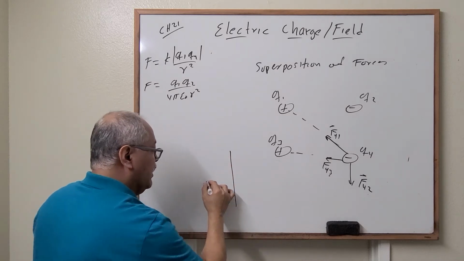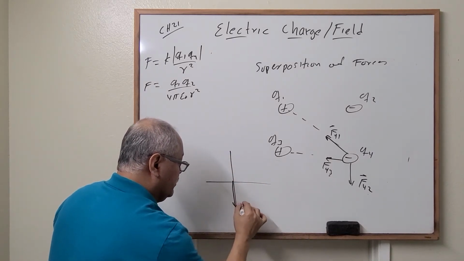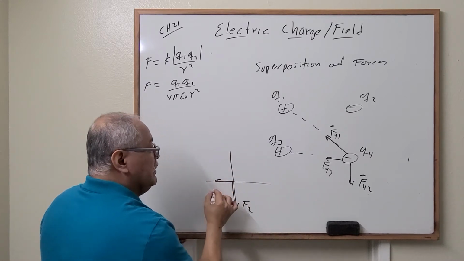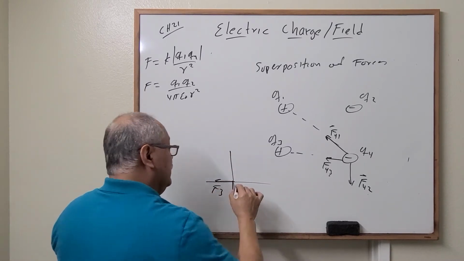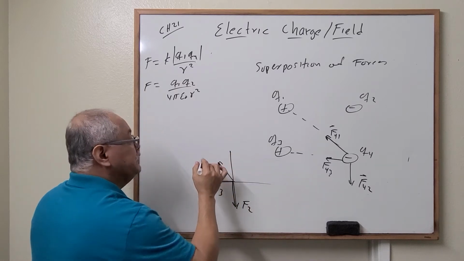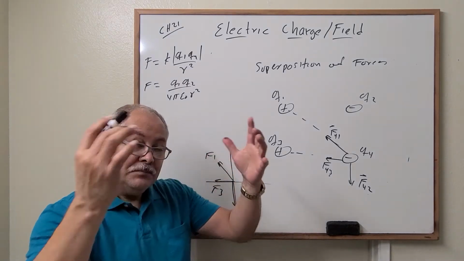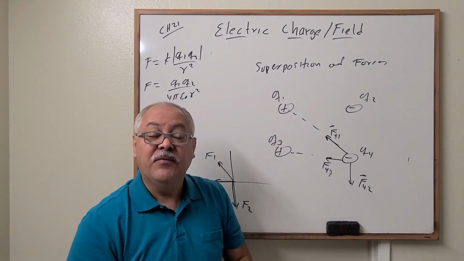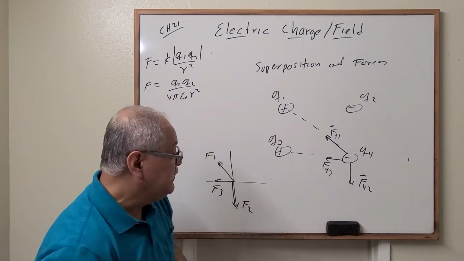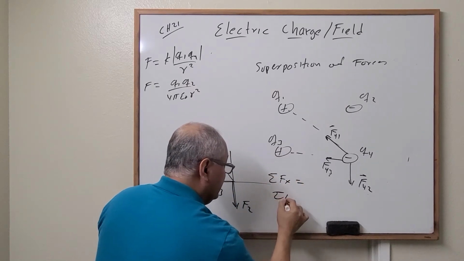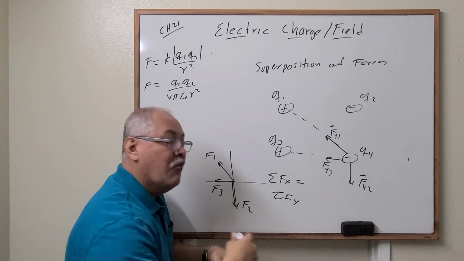Then we represent this as a free body diagram. We can label this force F2, this F3, and this F1, for instance. Let's use the same technique as when we deal with vectors: find the net force in the x direction and the net force in the y direction, and then combine them.